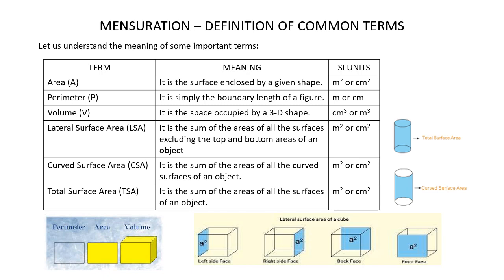Now, lateral surface area of a cube is nothing but the area of the left side surface plus the area of the right side surface plus the area of the back face plus the area of the front face. As you can see here, the lateral surface area excludes the top area and the bottom area.